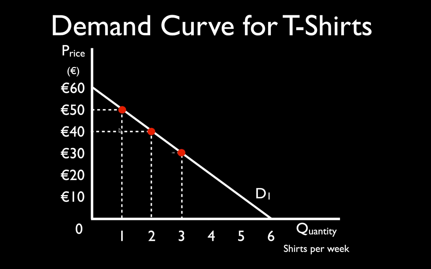Now, if we were to produce a third, the first person was willing to pay a maximum of 50, the second person a maximum of 40, and the third person a maximum of 30. So what we're actually seeing here is that if we charge, from the horizontal method, €30 per t-shirt, we could sell 3. Or if we go up at 3, we're asking what is the maximum amount a person would be willing to pay for the third t-shirt?